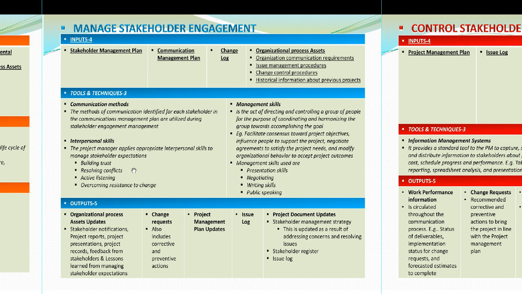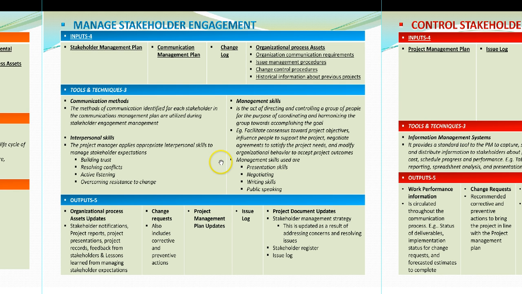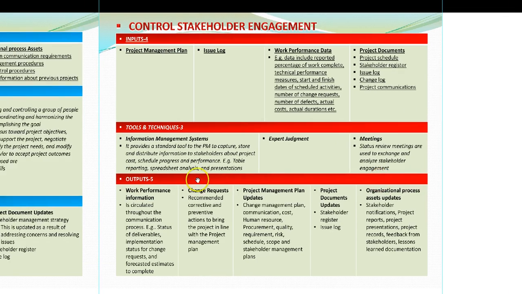So how are you going to manage their engagement? How are you going to make sure that they are part of this project from the start to the finish, or in just a particular phase or part of the life cycle? So managing stakeholder engagement is one of the most extremely important things which can make or break the project.